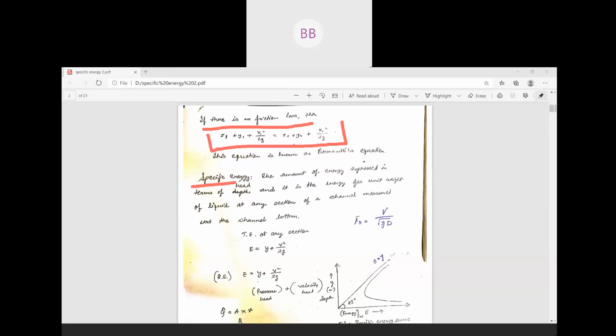So this is the definition of specific energy, or you can simply write it in your own words: specific energy is the amount of energy expressed in pressure head and kinetic velocity head, and it is measured with respect to the bottom of the channel. That is your specific energy.